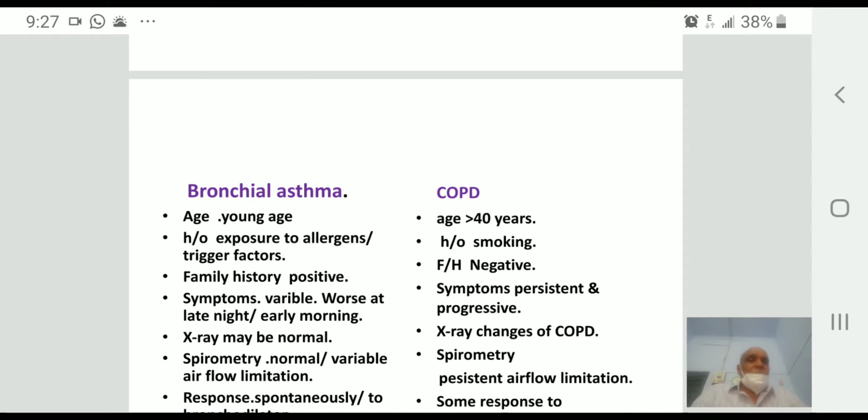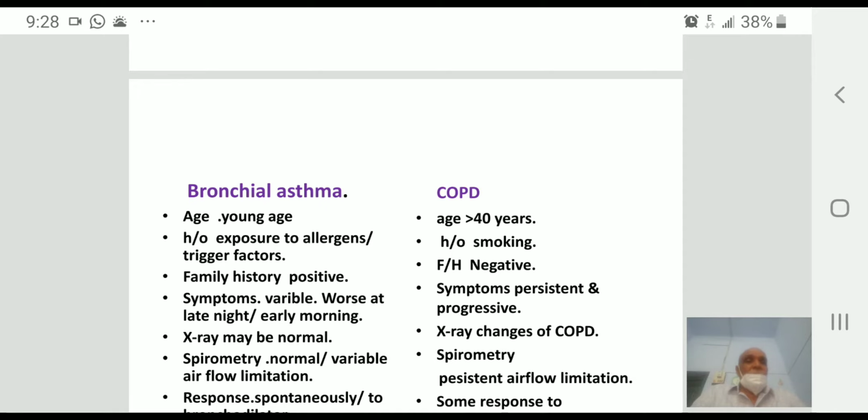In the previous X-ray, we have seen the findings of COPD. You can confirm by pulmonary function test, spirometry. Once spirometry becomes abnormal, it never becomes normal, which favors COPD.